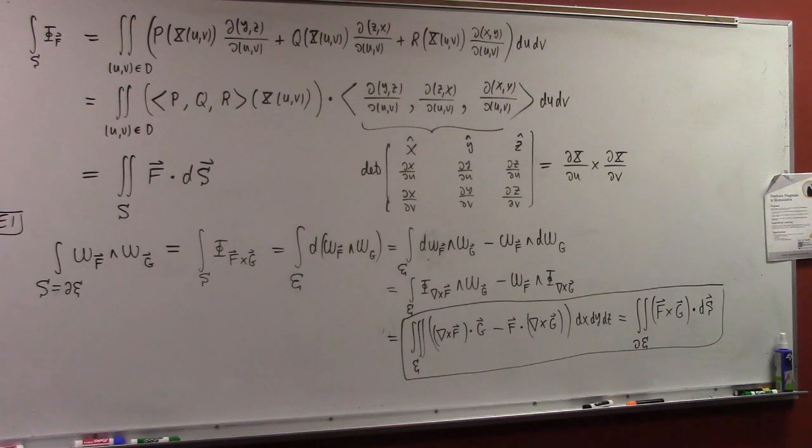Well, it's not divergence, right? It's the integral of the dot product of the curl of one with the other, the difference as well, right? I don't believe I cover this in Calc 3. But certainly I could.